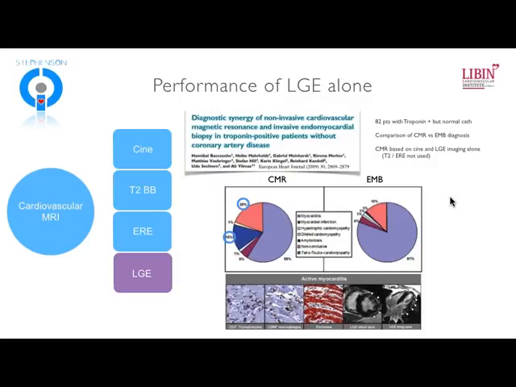So for example, in this cohort group here, 82 patients with positive troponins but normal cath, which is exactly the patient population that we're interested in, if we use late gadolinium enhancement as a way to categorize underlying diagnosis versus an endomyocardial biopsy, we see a very similar distribution.